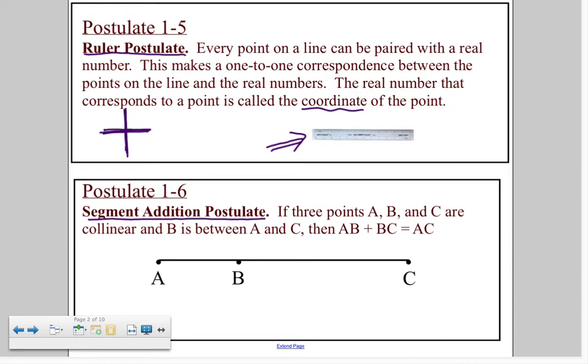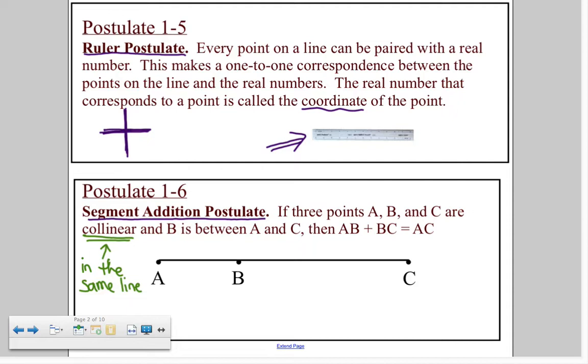If there's 3 points, A, B, and C, and they are what we call collinear. Collinear is a term that means in the same line. So collinear points are 3 points that can lie on the same line.